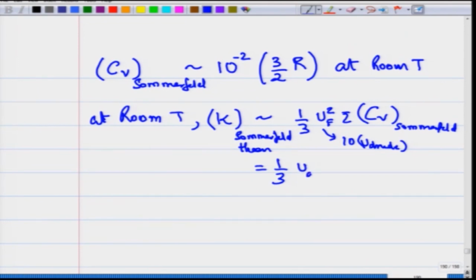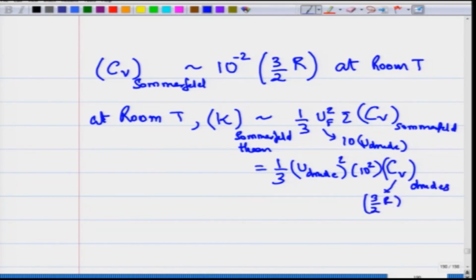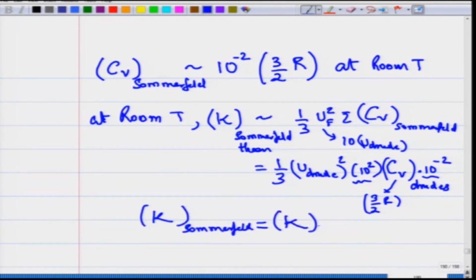So, this is V Drude square into 10 raised to 2, because Vf is about 10 times the velocity from Drude's model, and the Cv for Sommerfeld's model is Cv from Drude's model, which is 3 by 2 R into 10 raised to minus 2, and as a result these two factors cancel out, and the kappa which you get at room temperature from Sommerfeld's model is approximately the same as the kappa you get from Drude's model.